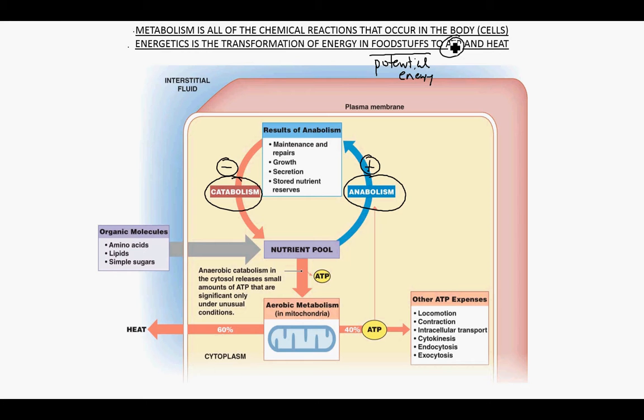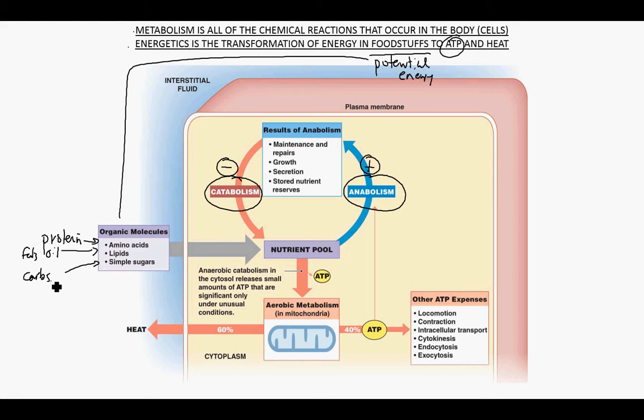Okay, so the foodstuffs that are going to go in are these organic molecules, right? So when we ate the blue cake, we had proteins, which will be digested down into amino acids. We had fats or lipids, so the oils and fats. And then simple sugars, the carbohydrates.